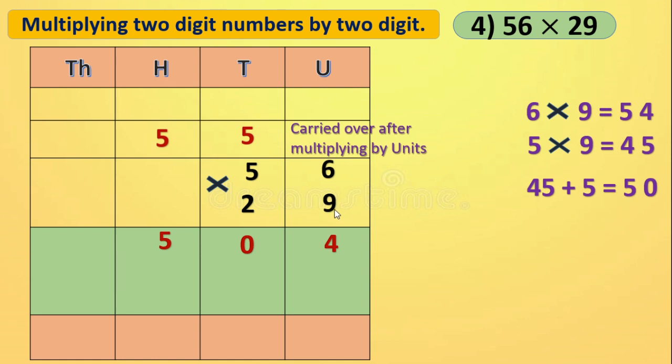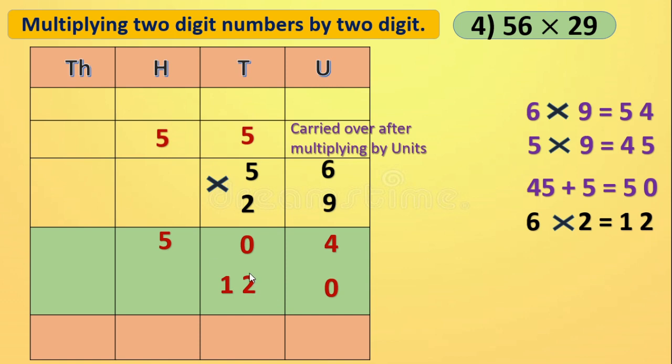Right? Now, in the next step, we are going to multiply 56 by 2. 2 is in the tens place, isn't it? So, we will put 0 in the unit place. This is the unit column, isn't it? Nothing to do with the unit column. So, here we will put 0 first. Now, we will move to 2 6s are. How much? 2 6s are 12. Right? Here we will write 12.